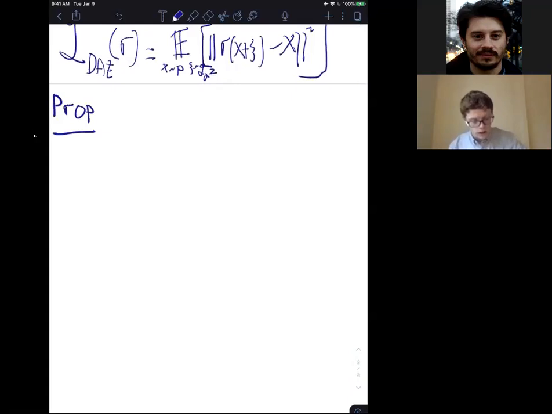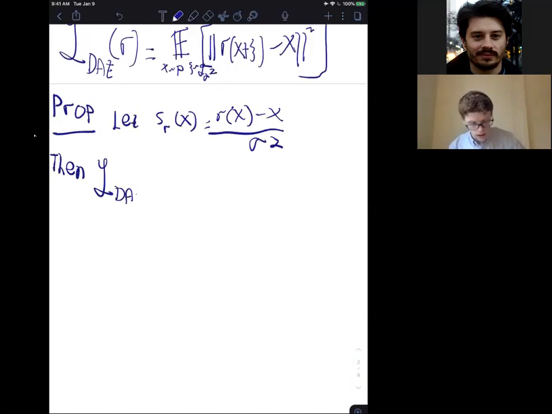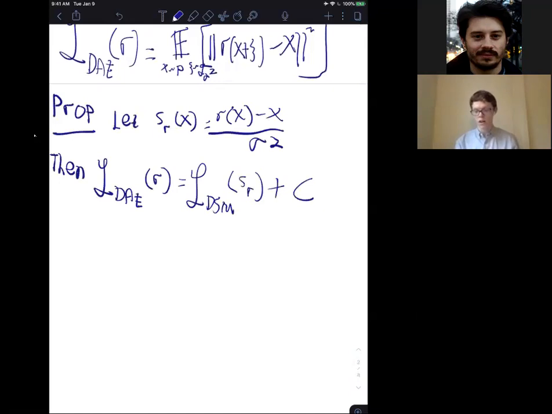is that we let S_R of X equal (R of X minus X) over sigma squared. Then L_DAE of R is equal to L_DSM of S_R plus a constant that doesn't depend on R or S. And these optimization problems are equivalent.